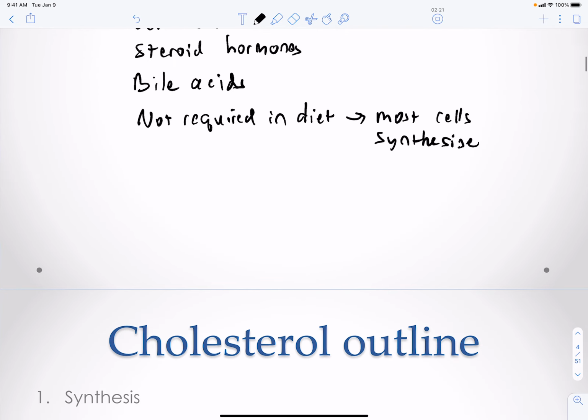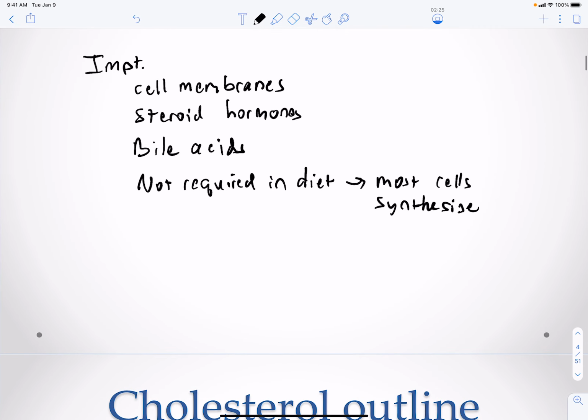Okay, so cholesterol is going to be a 27 carbon compound. And all carbons are provided by a single precursor, which is acetate.